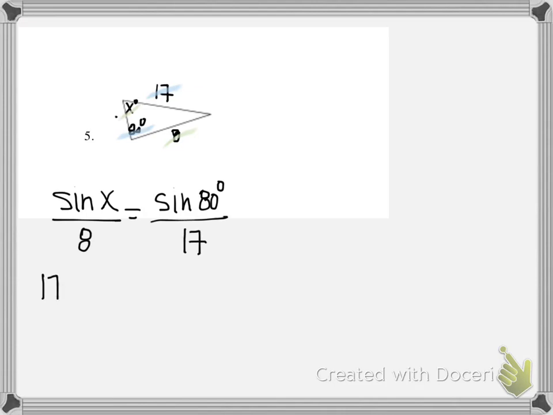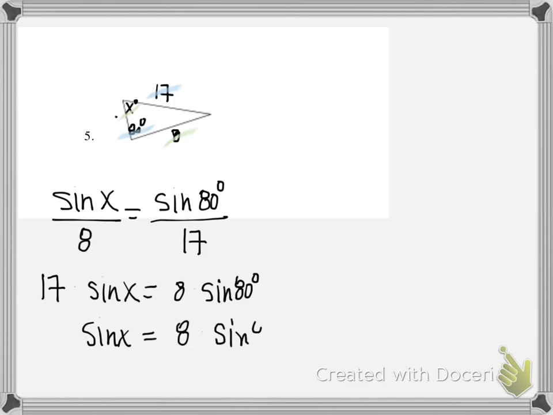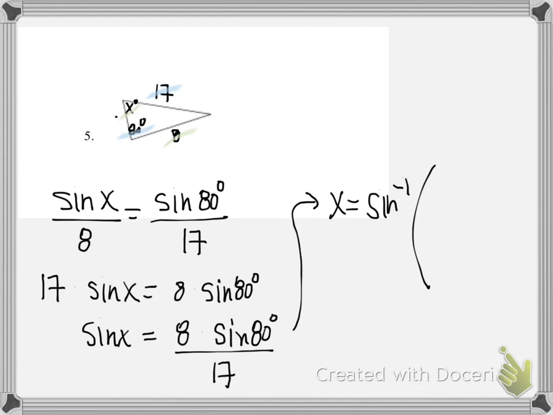So do your multiplication: 17 times sine of x is equal to 8 times sine of 80. Divide both sides by 17, so you're going to get 8 times sine of 80 divided by 17. And then you will take the inverse sine of all of that.